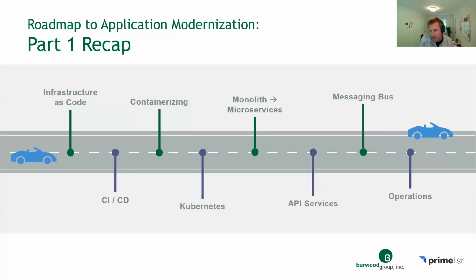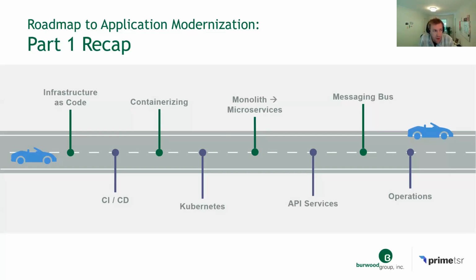We looked at how to strangle your monolith and start moving out to microservices, building new services through APIs, implementing a messaging bus and queuing system, and maybe pub/sub. And then, once it's up and running, operationalizing it, making sure that operations is baked into everything you're building. So that's what we covered last time around.